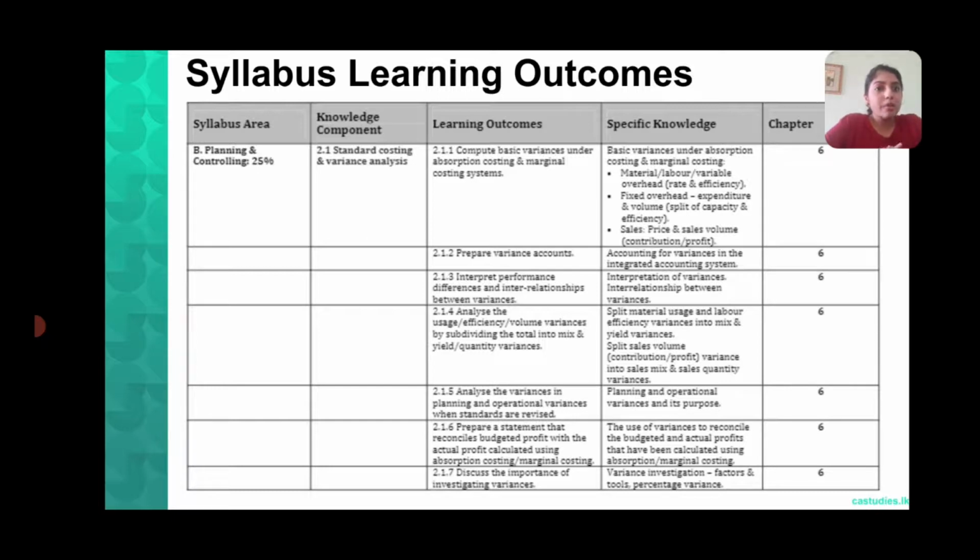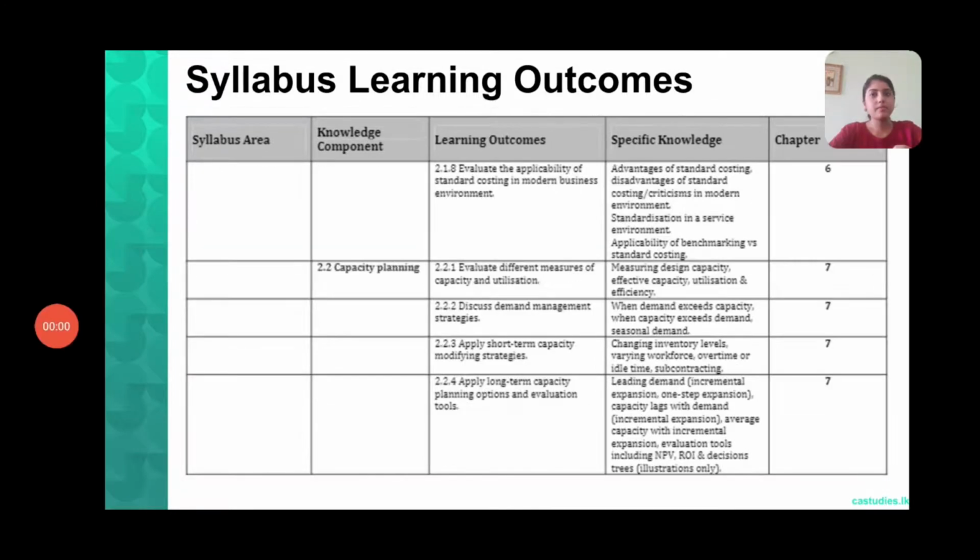Planned and operational variances must be identified, and so on, and what are the factors, what are the percentage variances, all of that. So it's more of a computational aspect in this learning outcome.